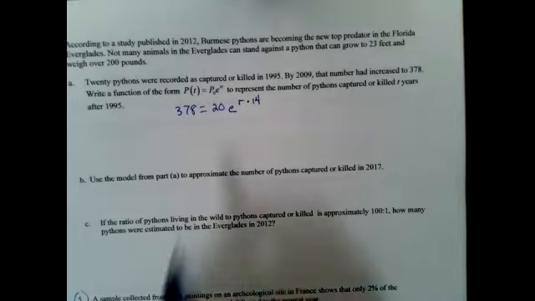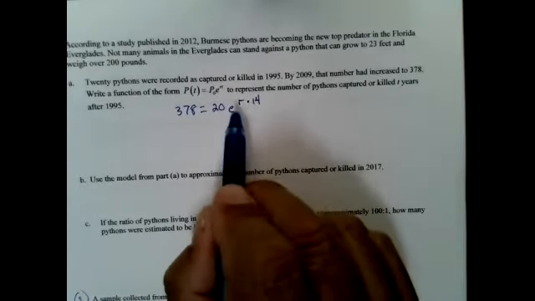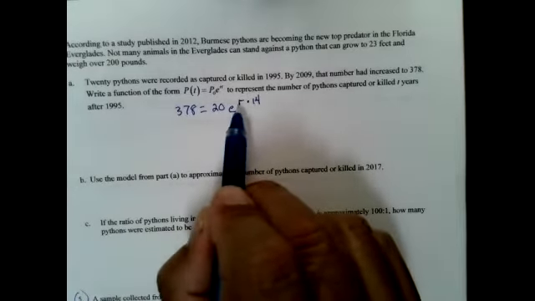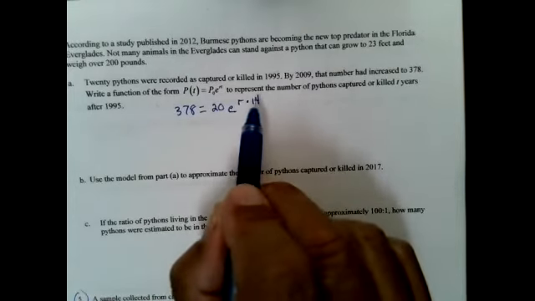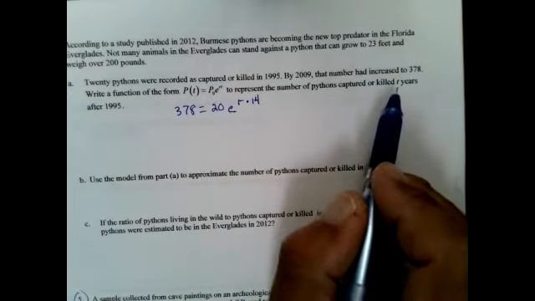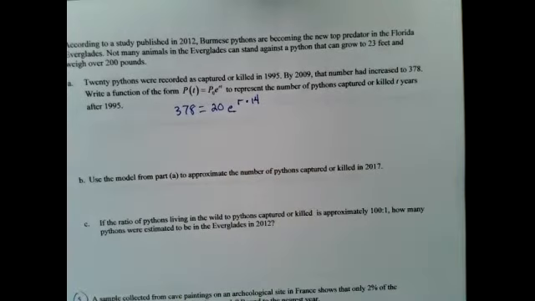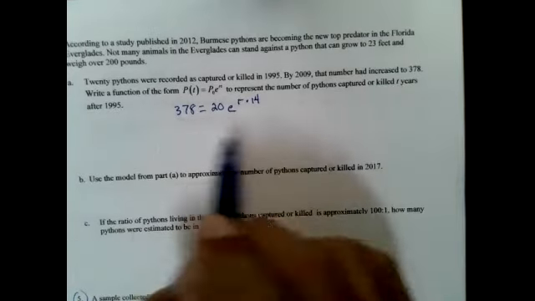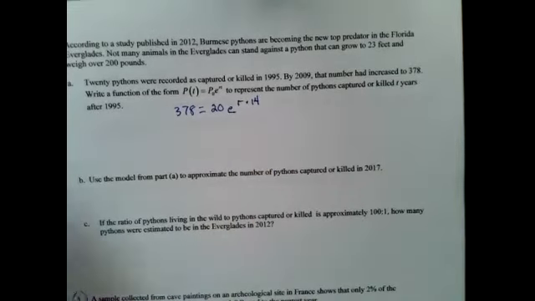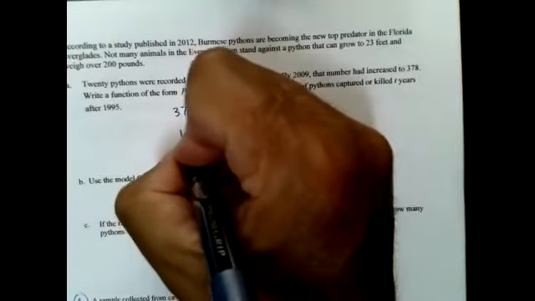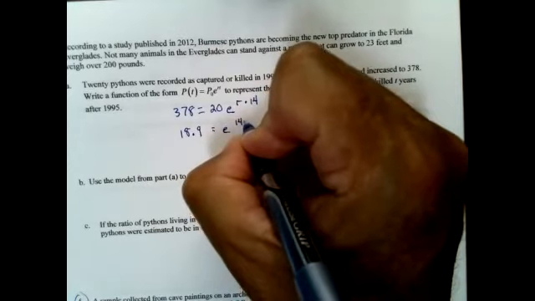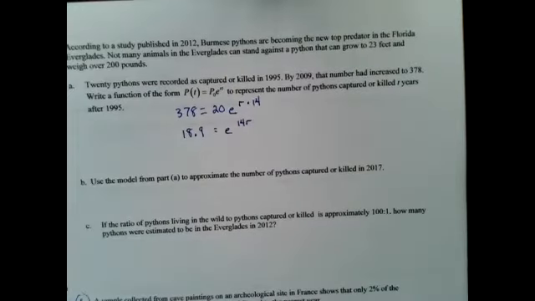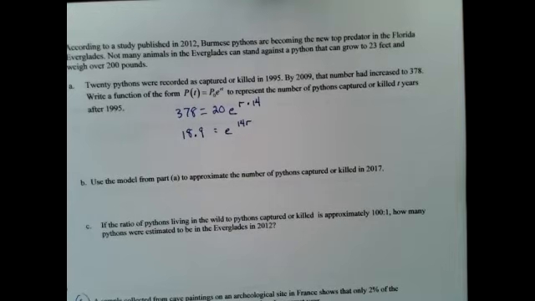Well, let's see if we can calculate r. We have enough information to calculate r, but then we're going to get an equation so the user can put in the number of years instead of 14. So this is like my initial equation. Divide by 20. Looks like I get 18.9 equals e to the 14r. I want to be able to solve for r.